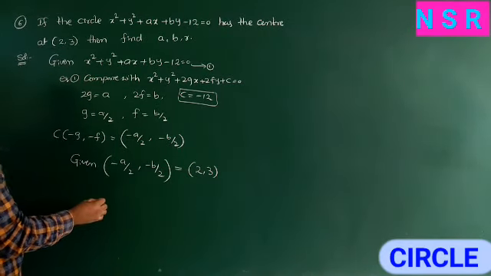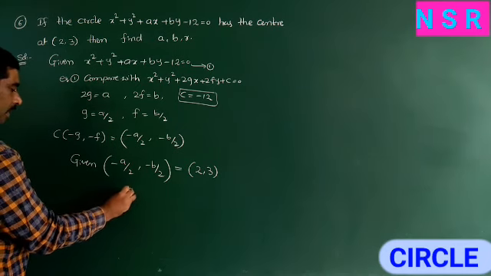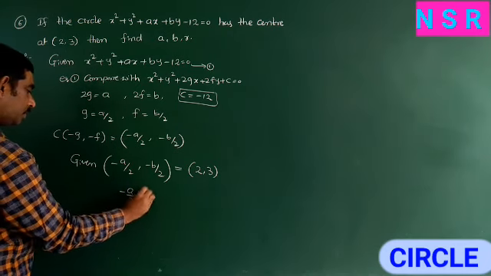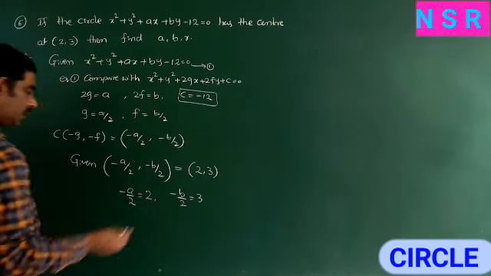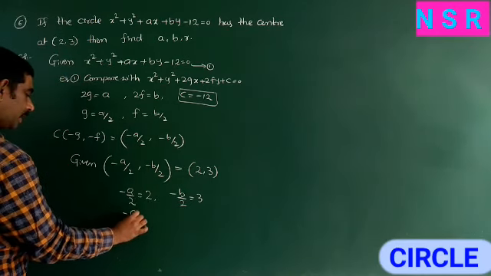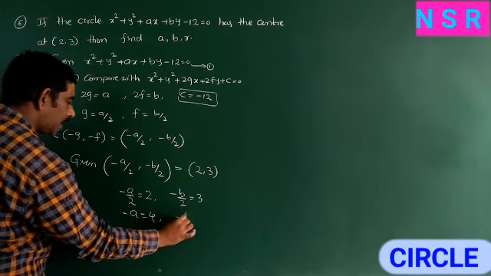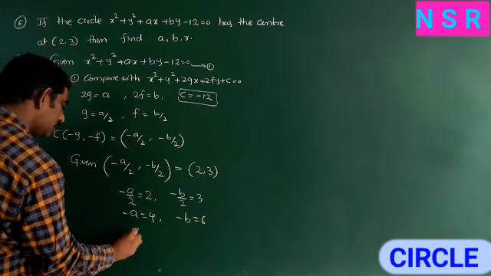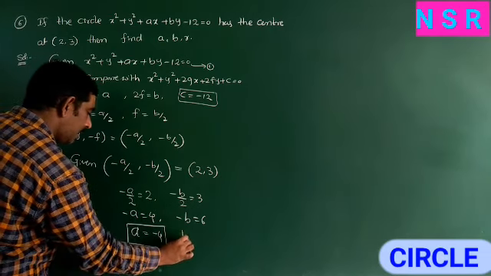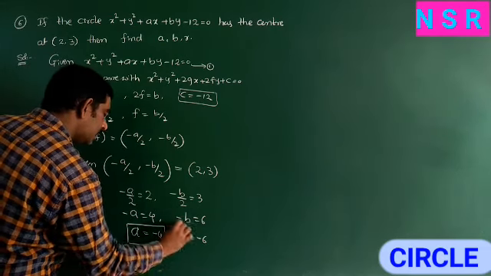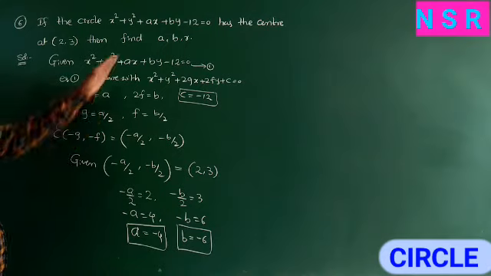Now equating the x and y coordinates, we get minus a by 2 is equal to 2, minus b by 2 equal to 3. So 2 twos are 4, minus a equal to 4, minus b equal to 6. So a equal to minus 4 and b equal to minus 6. So we get the a value and b value.